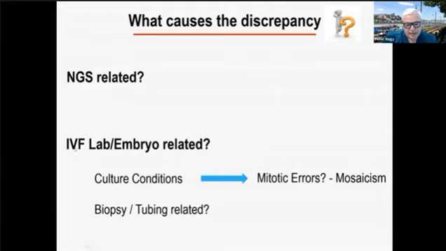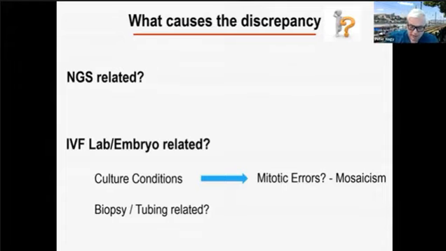It can be, of course, embryo-related and also IVF lab-related, to see what we are doing as embryologists in the IVF lab. And we know that culture conditions can determine not only how embryos are developing, but it seems that it also determines what is the proportion of embryos that have chromosome alterations, depending on those culture conditions.